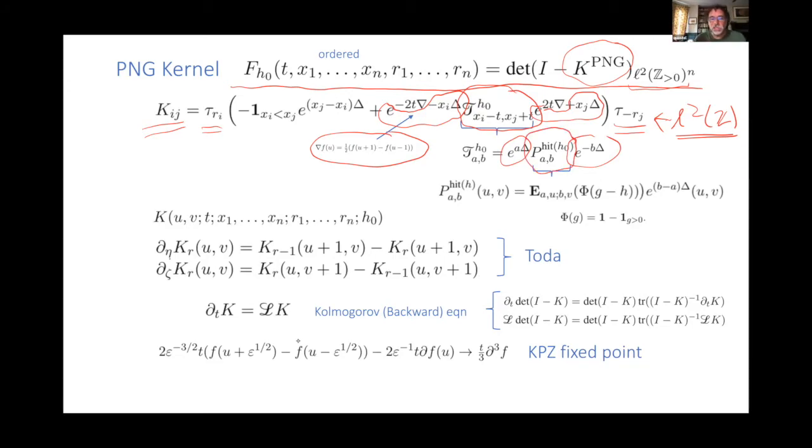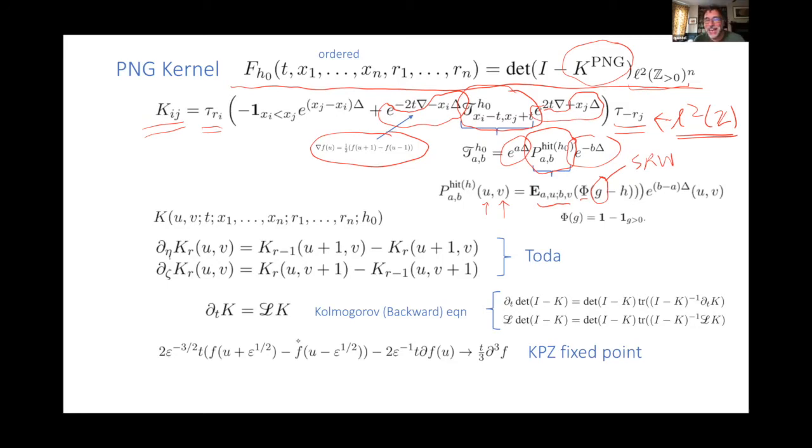So what you do is you just ask, if I have a continuous time simple symmetric random walk going from u at time A to v at time B, that's the expectation over the simple random walk bridge from u at time A to v at time B of this phi of g, where g is the simple random walk path, minus your initial data.